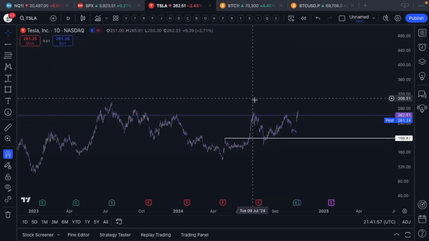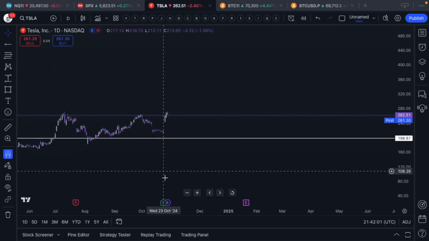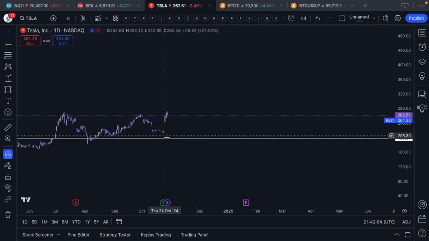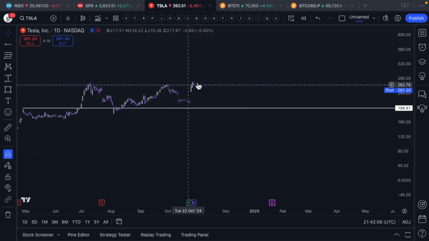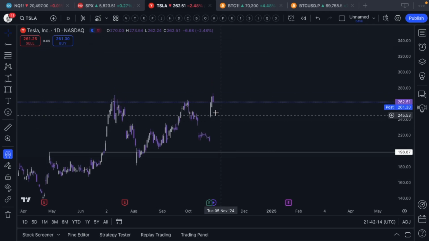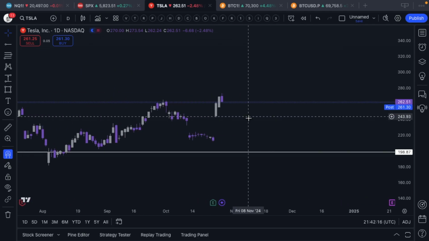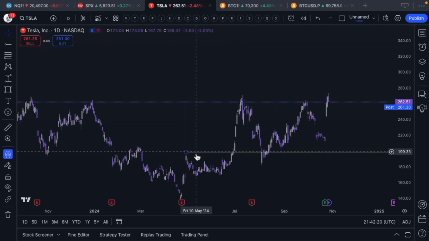Who knows? We'll see what happens. It had its earnings report, wasn't as good as expected, and it's done all this. So could be a trap, could be turning around. We have taken out the liquidity here. That's what the gaps were telling us we were going to do. So let's see what happens there, all right?